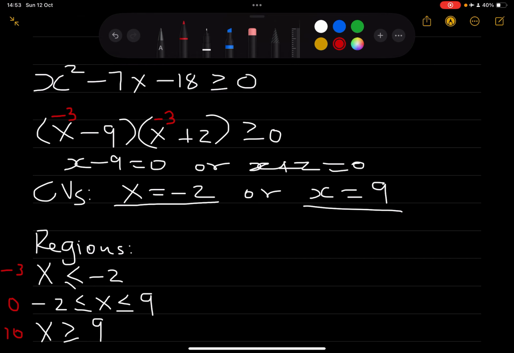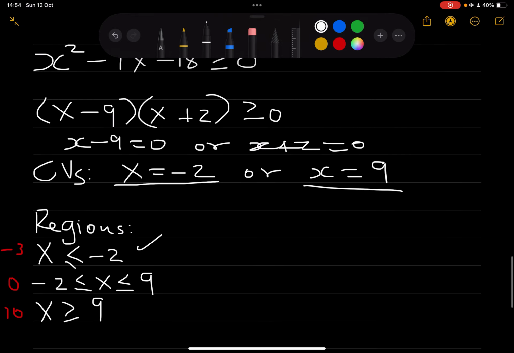When we press this on a calculator, we get 12, and we can see that 12 is bigger than 0, which means this region is accepted. I'm sure I made sense, ladies and gents. So that region is accepted. We're going to take it.